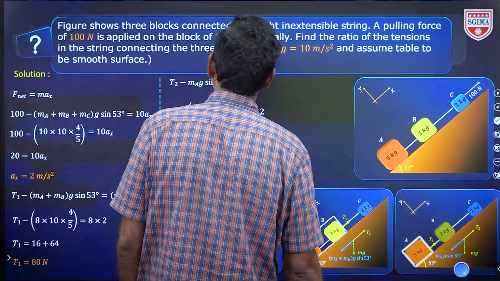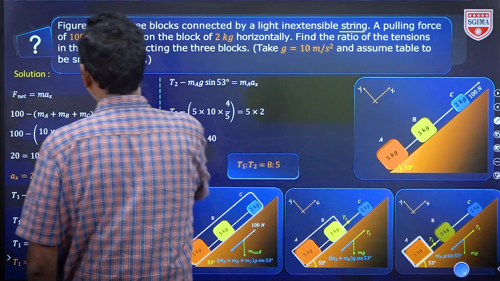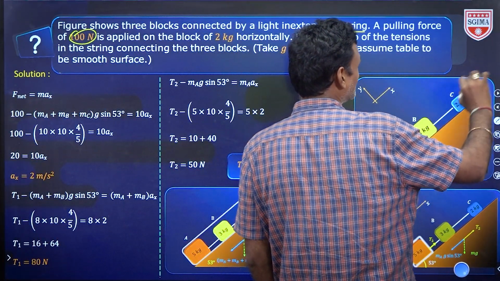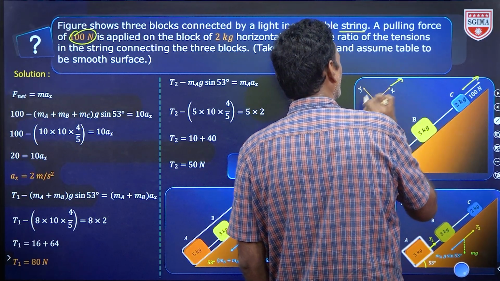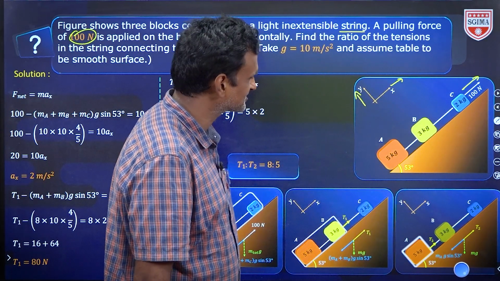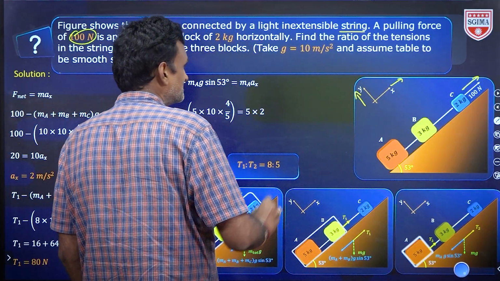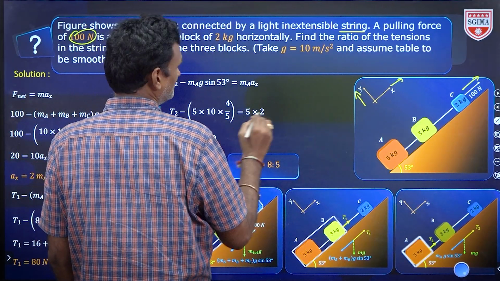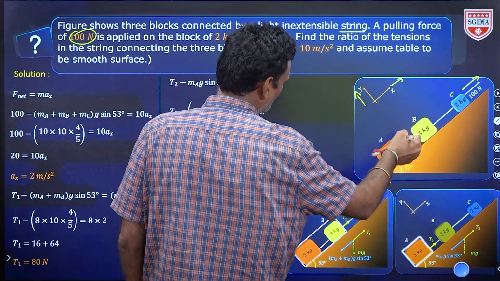Figure shows 3 blocks connected by light inextensible string. A pulling force of 100 newtons. Here 100 newtons force is applying right side, means up the plane. Here they have taken x-axis along the incline and perpendicular to the inclined plane as y-axis. It is applied on the 2 kg block, the first one is 2 kg, and find the ratio of tensions in the strings connecting the three blocks, means here one tension, here one tension.